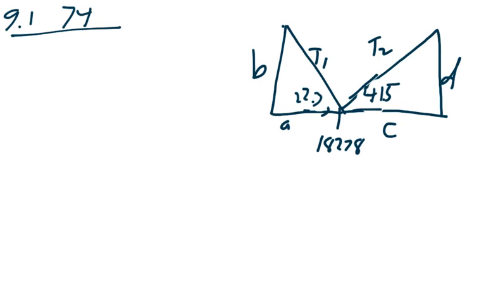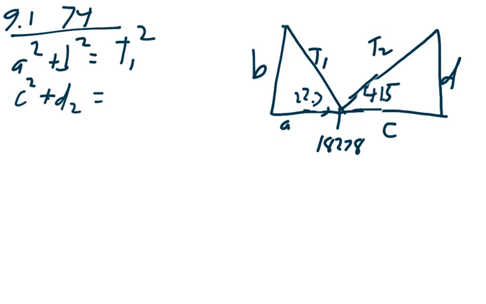So in this picture, I'm going to have a squared plus b squared equals T1 squared. And I know that c squared plus d squared equals T2 squared.